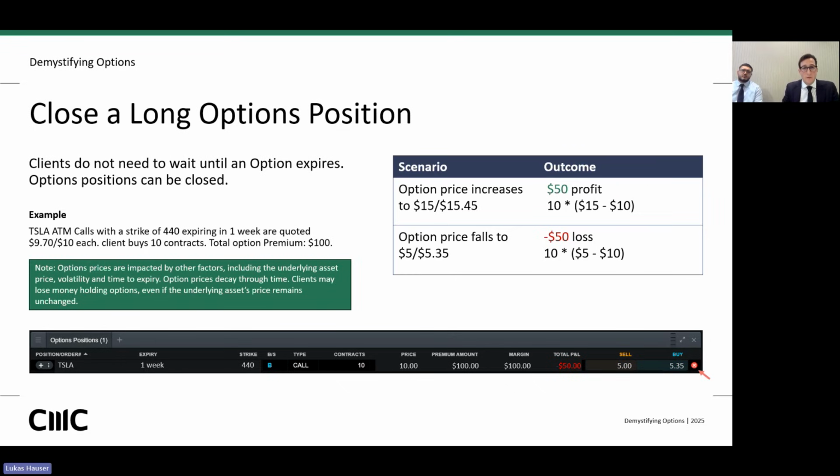With an option, however, if the underlying price goes all the way down to 400, it just means that the option is very far out of the money and the likelihood that it will be in the money at expiration might be small, but we still have the opportunity to participate in the upside. So if the stock price recovers by the expiration time, we would still make money.